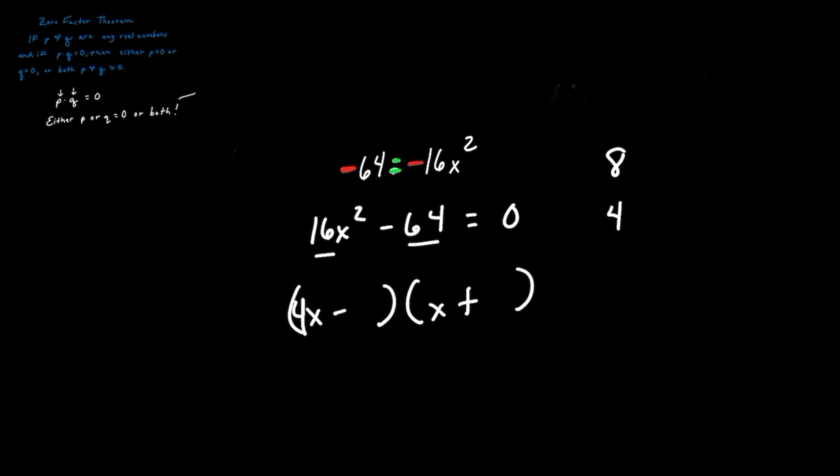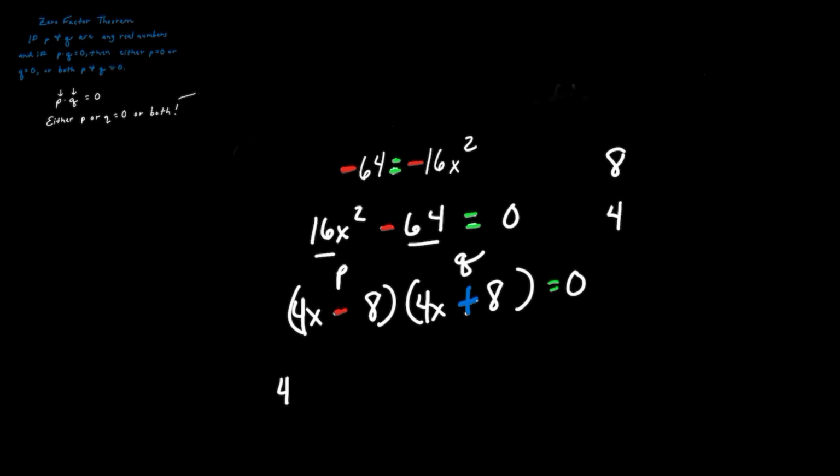So it will be 4x in each parentheses, and then -8 and then +8. We can check that back out with our full method and everything should cancel out nicely.